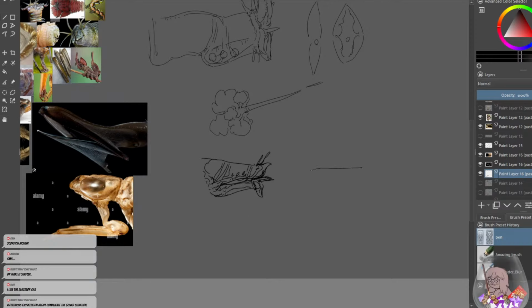I gotta redo this. Because I definitely want to do something in that sense, like this. I think what makes me like this is this fold here. This fold makes it look like sort of a mouth, but also gives it tension, like an elbow kind of look to it.